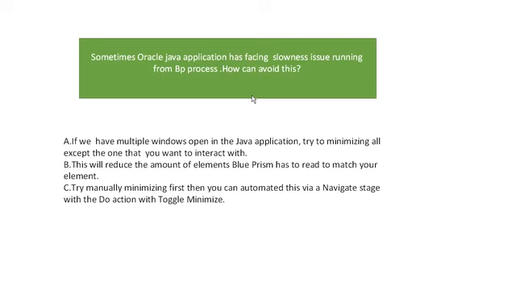When we automate Blue Prism with Oracle Java, most of the time it runs slowly. So in this situation, how can we avoid this slowness, or how can we manage our Blue Prism Studio with proper handling?